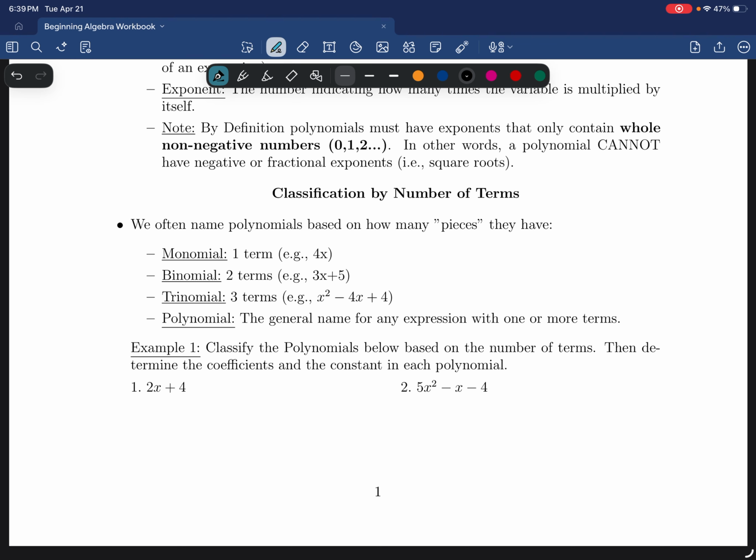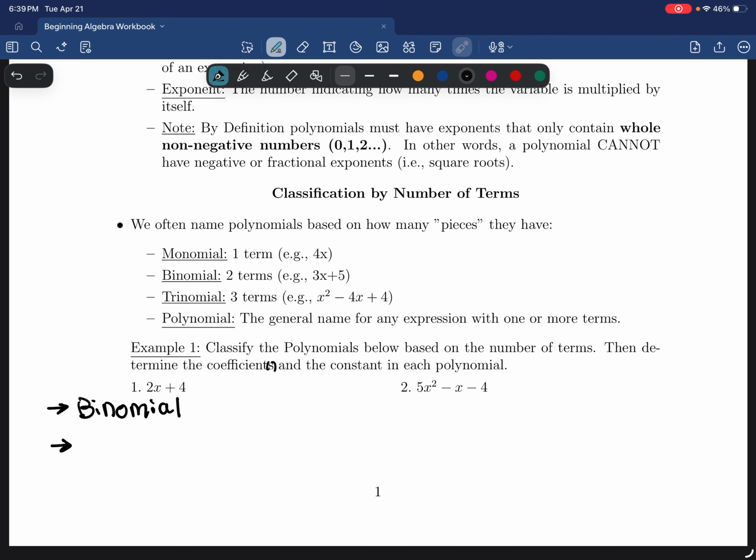We are asked to classify the polynomials below based on their number of terms, then determine the coefficients and the constant in each polynomial. I should put parentheses around the s in coefficients, because we don't know if there are multiple coefficients. Taking a look at example 1, we have two terms, which means we are dealing with a binomial. For our coefficients, recall that's the number being multiplied by the variable.